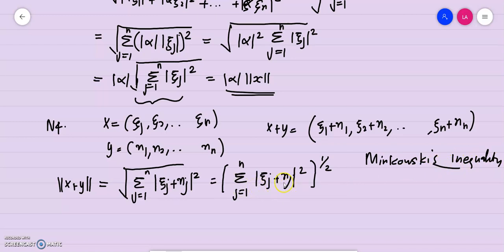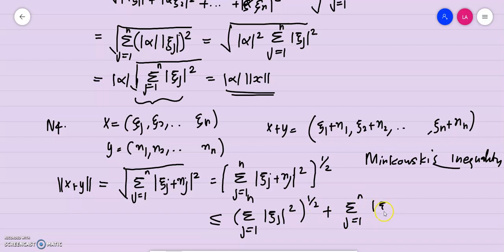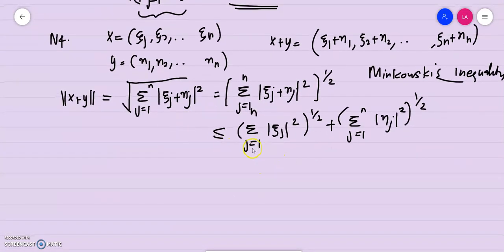This term is less than or equal to summation j equal to 1 to n of modulus of theta j the whole square, the whole raised to 1 by 2, plus summation j equal to 1 to n of modulus of eta j the whole square, the whole raised to 1 by 2. This inequality can be obtained using Minkowski's inequality. Then the first part is norm x, and the second part is norm y.